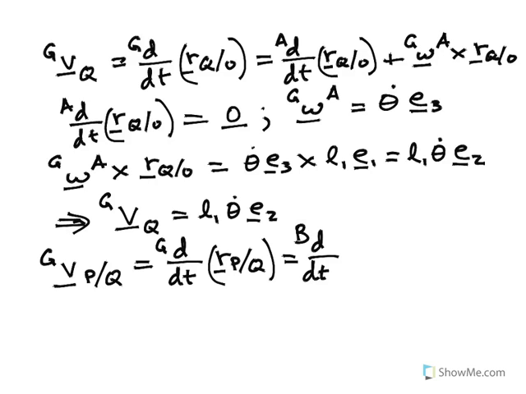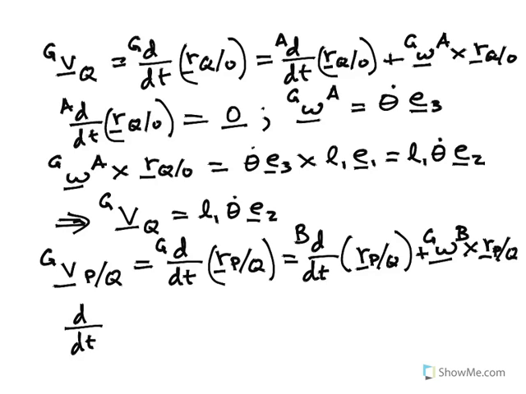Now it's going to be in B because the position of P relative to Q is expressed in coordinates fixed in reference frame B. So this is d dt in B of the position of P relative to Q plus the angular velocity of B in G crossed with the position of P relative to Q. And again, just like we had with the first part of the vector, the rate of change of the position of P relative to Q in B is 0 because L2 is constant and U1 is fixed in reference frame B.